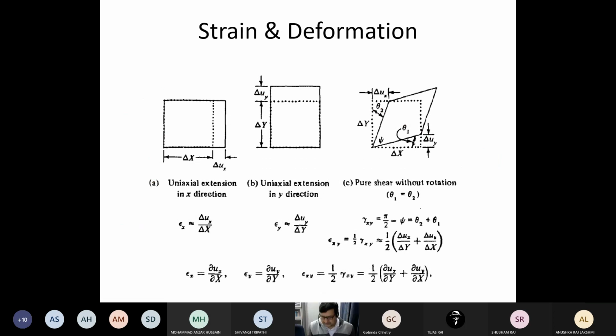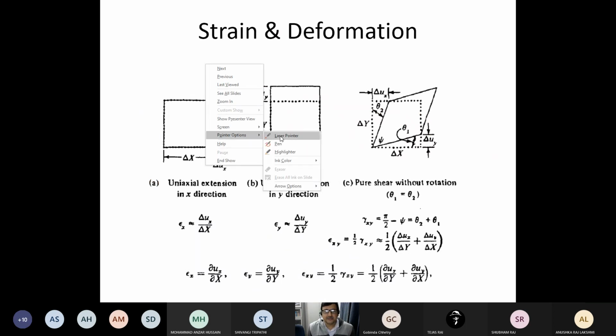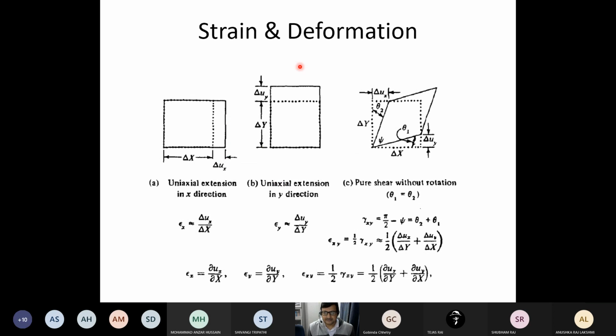This particular description, whatever we are using in this slide, is called the material description, in which the initial configuration, that is delta capital X and delta capital Y, is used. Whatever calculation we do is based on the initial configuration.